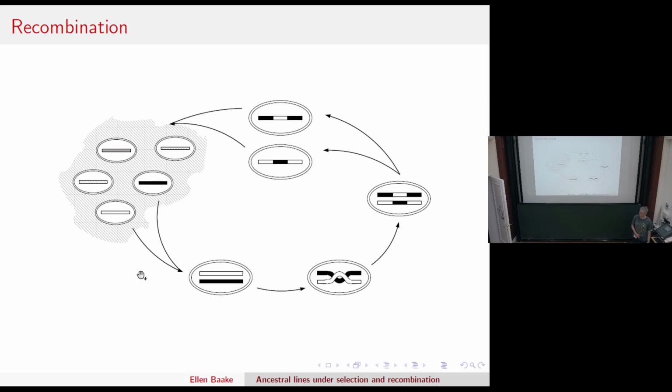So, what is recombination? Recombination happens when two parents create an offspring that is a mixture of the two. And here is my idealized version. I start from a pool of germ cells, eggs or sperm, and each of them carries one copy of the genetic material in the form of a sequence of finite length.